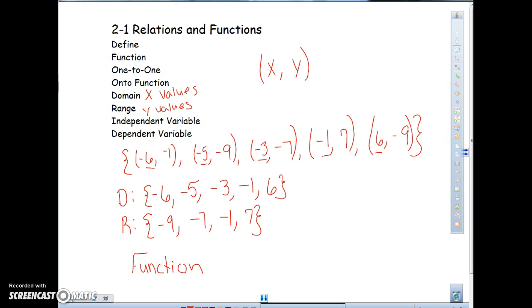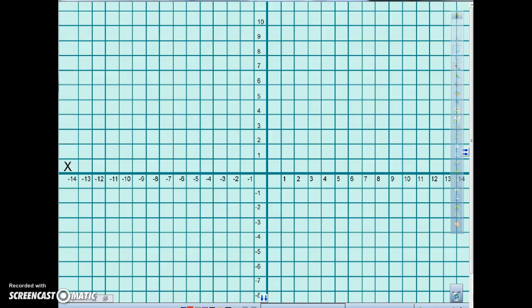So again, to determine if something's a function, your x values cannot repeat for it to be a function. Now there's also another way for you to determine if something is a function or not, and that is by looking at its graph. Let's go ahead and graph y equals x squared plus 1.